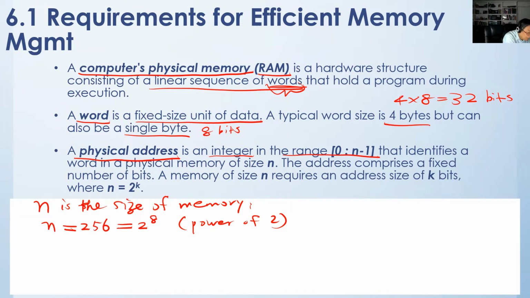If the size of the computer memory n is 256, that means that memory contains 256 words. So the physical address is an integer that identifies a word in the physical memory of size n.